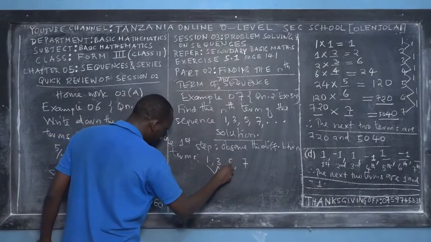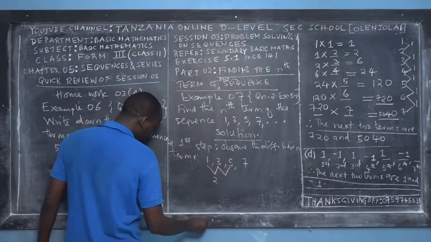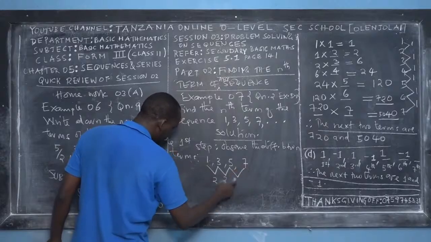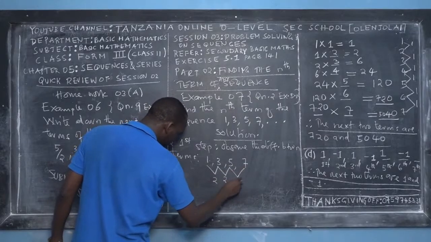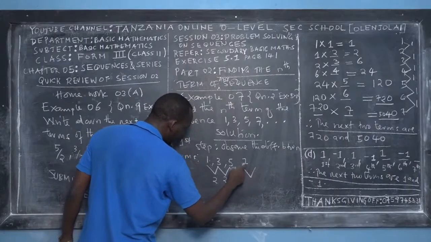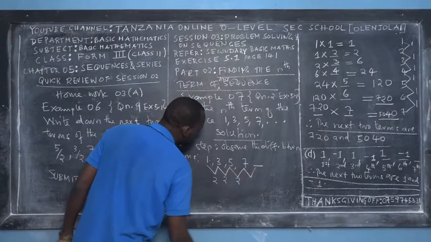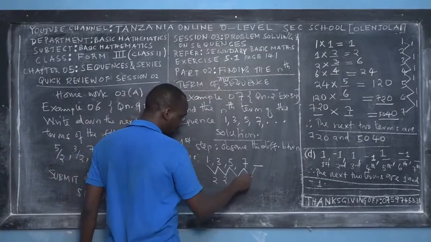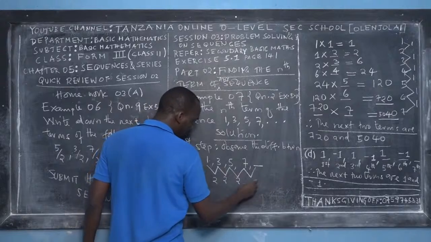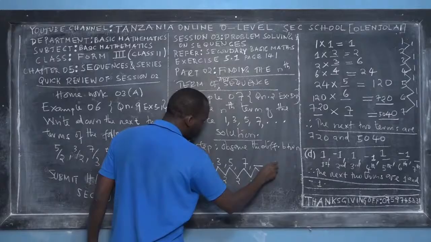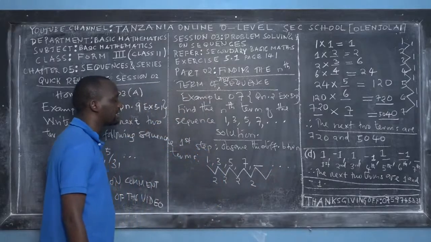The difference between the second term and the third term is 2. The difference between the third term, which is 5, and the fourth term is 2. And the difference between the fourth term and the unknown fifth term, if we were finding the next term, we might say it may be 9. So you can continue as long as you can, but today we are not looking at the next term.